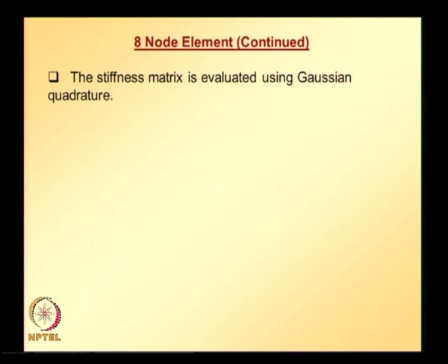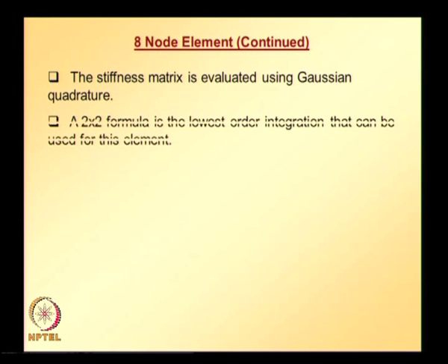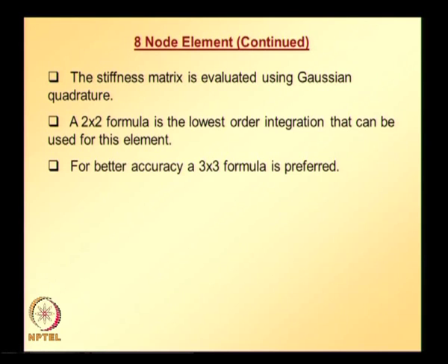The stiffness matrix is evaluated using Gaussian quadrature. The 2 by 2 formula is the lowest order integration that can be used for this element. You can easily guess why, because an 8 node element is a quadratic element.